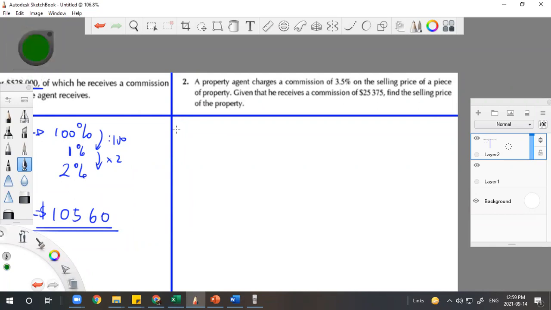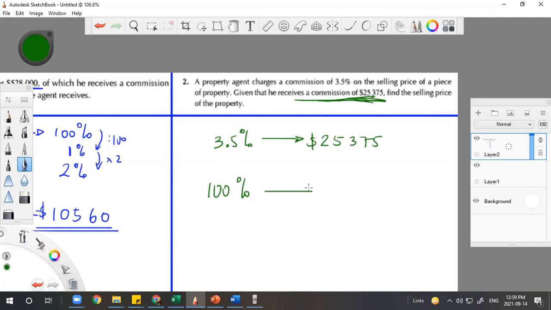Okay, number 2. A property agent charges commission 3.5%. Dia udah dapat commissionnya, lihat deh. He receives a commission of 25,375. So 3.5% is already 25,375 dollars. So find the selling price. What is the selling price? 100%, right? So what you have to do now?